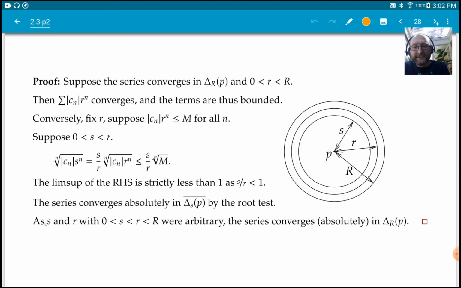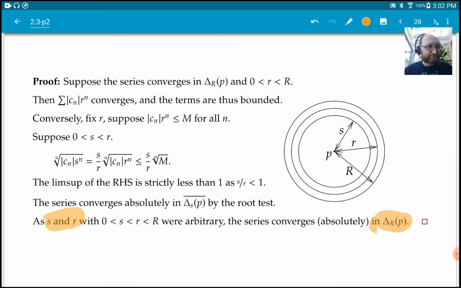Now, since both S and r were arbitrary, the series converges absolutely in this R disk. Because we picked an r, we picked an S, and then we got convergence here, but we could have picked a bigger little r, closer to capital R, and then an S closer to little r.